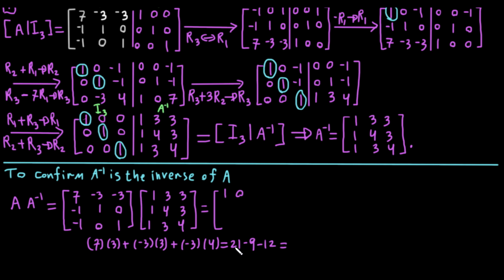So 21, negative 9, minus 12, which is minus 21, which is 0. So I will write here 0.